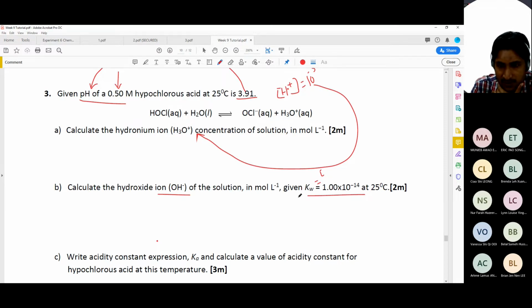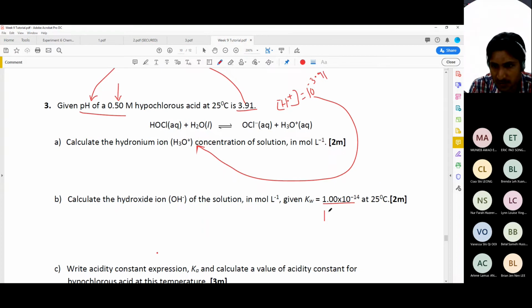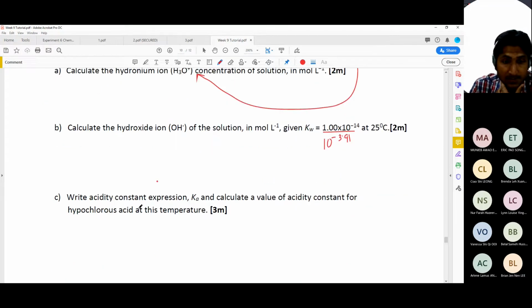So if we want to find the hydroxyl ion concentration, I just divide Kw by this hydrogen ion concentration, that is 10 power negative 3.91. By this way we can find the hydroxide concentration of the solution.